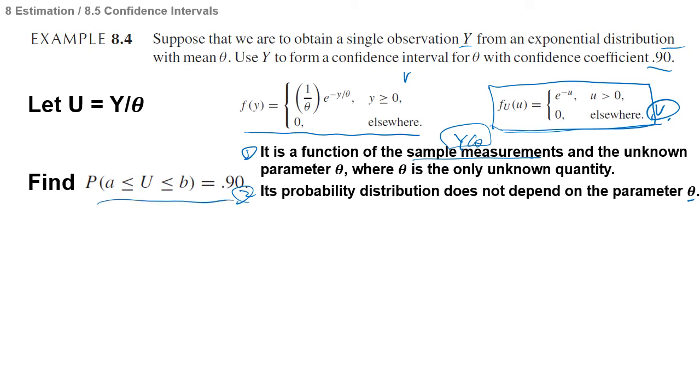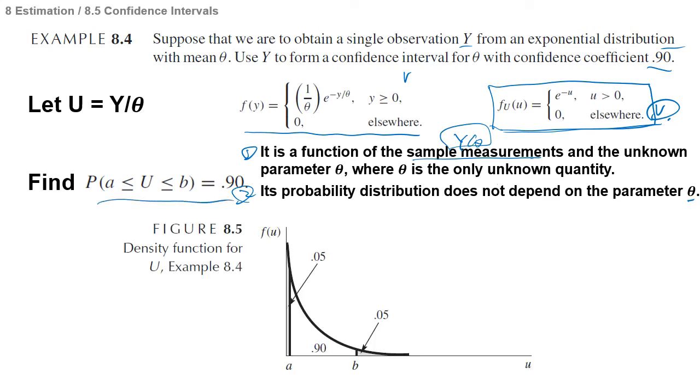Using the graph, which shows the exponential distribution, we want to find any a and b that meet this condition. Then we can use the pivotal method.